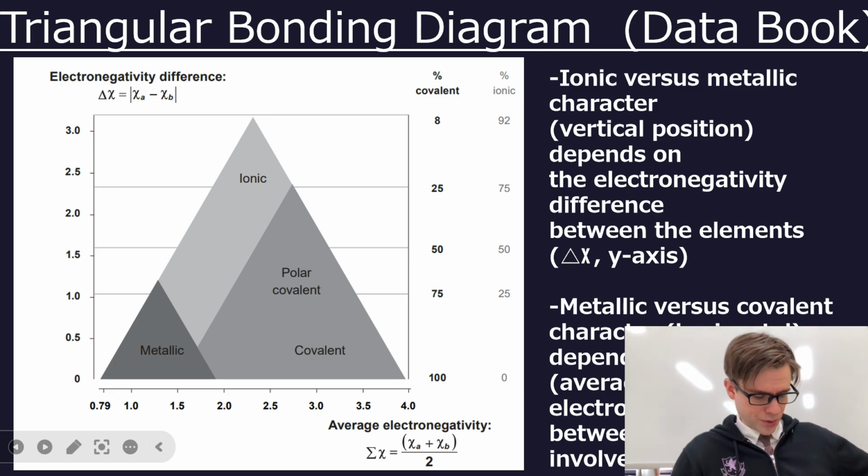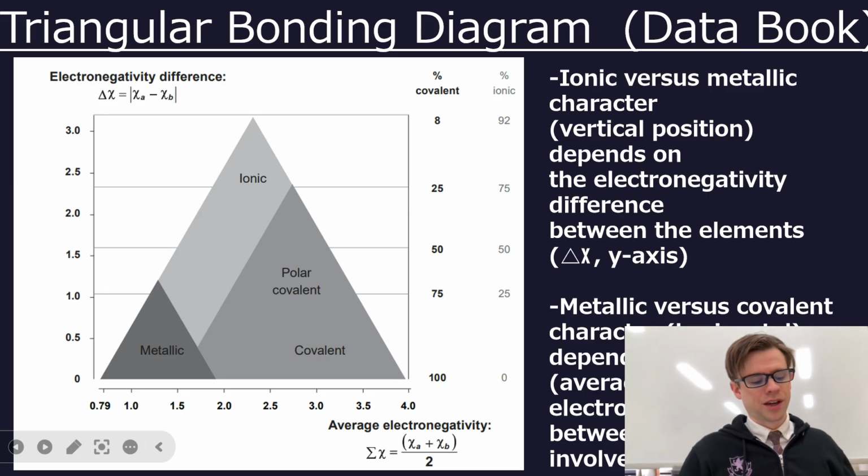So this is a triangle with ionic on the top corner, pure covalent in the bottom right, and metallic in the bottom left. And you can see there's kind of regions that we're making a guess a little bit. These lines of triangles are a little bit arbitrary. But we should understand the axes. On the left, we have the electronegativity difference, delta X or delta chi.